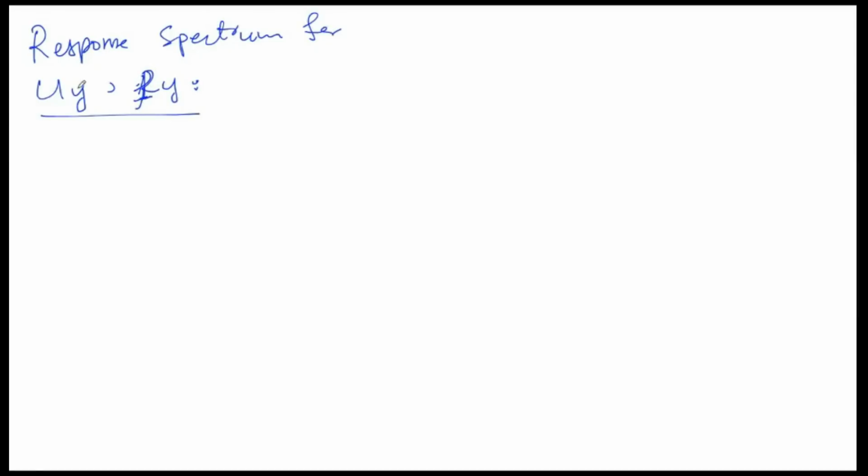Remember, this is Uy Fy. So when you are designing a structure, one approach is to determine the Fy. For example, one approach will be to obtain yield strength in such a way to limit the ductility demand imposed by the ground motion to a specified allowable value.